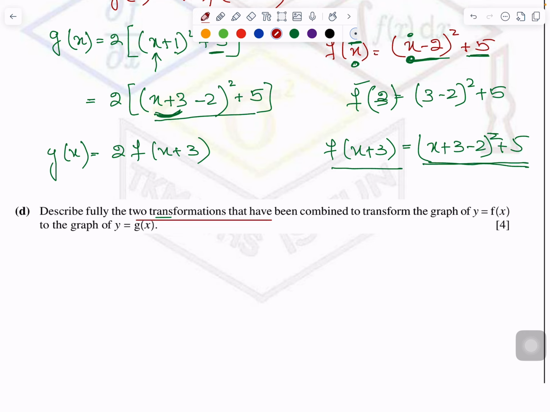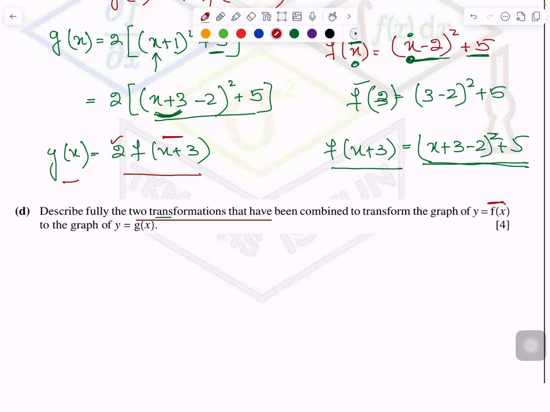They have been combined to transform the graph of y equals f of x into g. So this is your graph. What will you do so that it becomes g of x? You are very good. When it is x plus 3, the graph moves left. And when it is multiplied by some number, it is 2 here. It means it will be stretched along the y-axis.